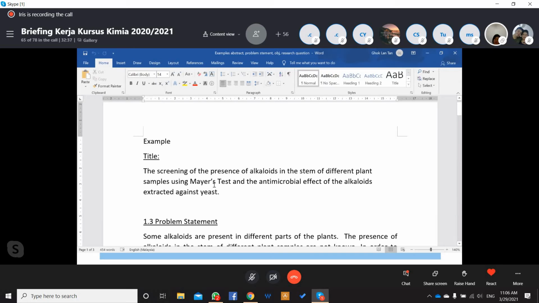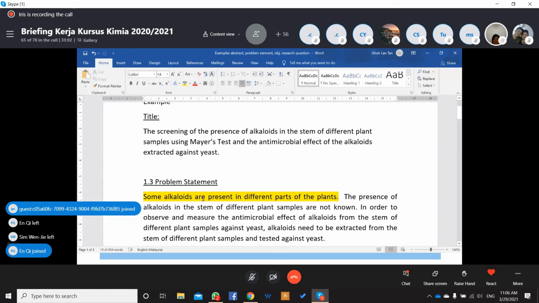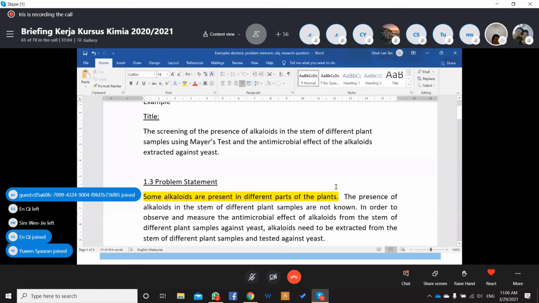Okay, so problem statement. Some alkaloids are present in different parts of the plant. So this statement, the first statement here, let's say I go opening. Okay. So some alkaloids are present in different parts of sample. So this is the part that we know.